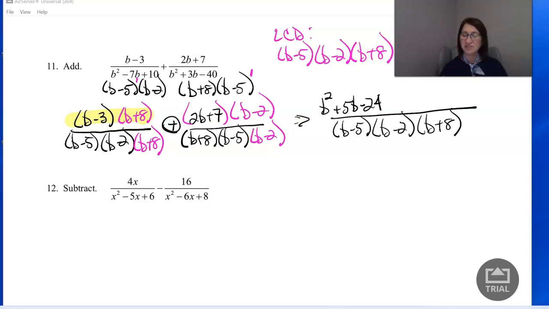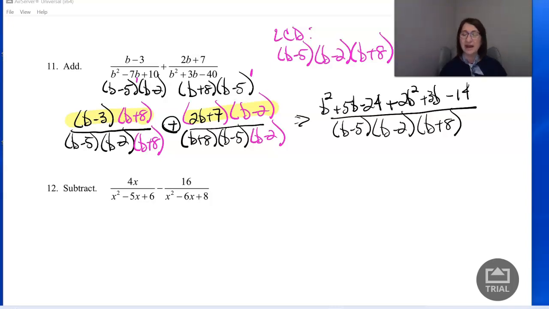Now I've got my addition sign I bring over, and now I'm going to multiply my second two binomials. And when I multiply those two out, I get 2b squared plus 3b minus 14.